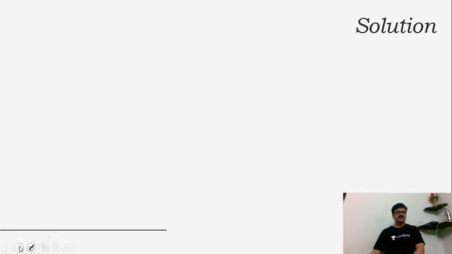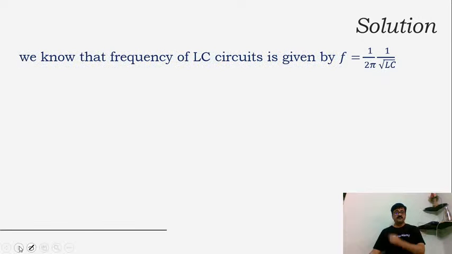Now this question you can solve it like this. Firstly, frequency of LC circuit, when we calculate, it is given by F is equal to 1 by 2 pi into root of LC. Okay, so this is frequency of LC circuit, inductor capacitor circuit.